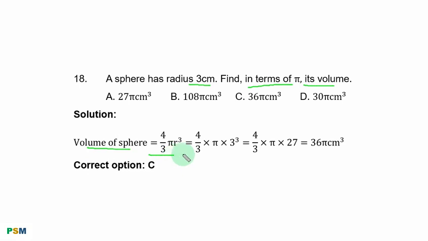So you replace the radius with 3 to the power of 3. You have it in this form. 27 divided by 3 is 9, times 4. You have 36π cubic centimeters. The correct option is C.